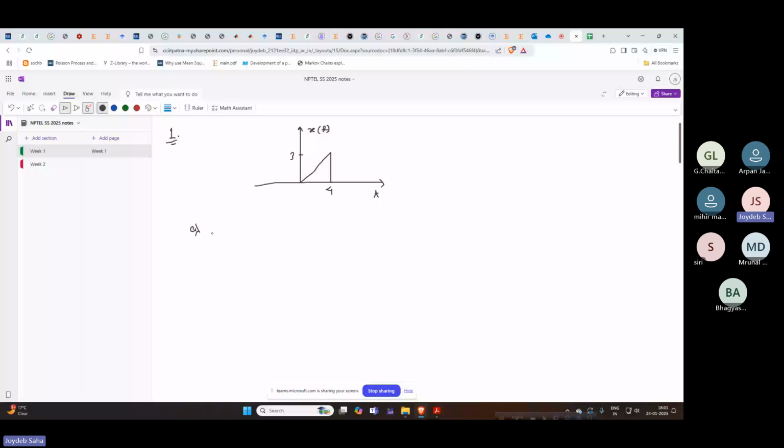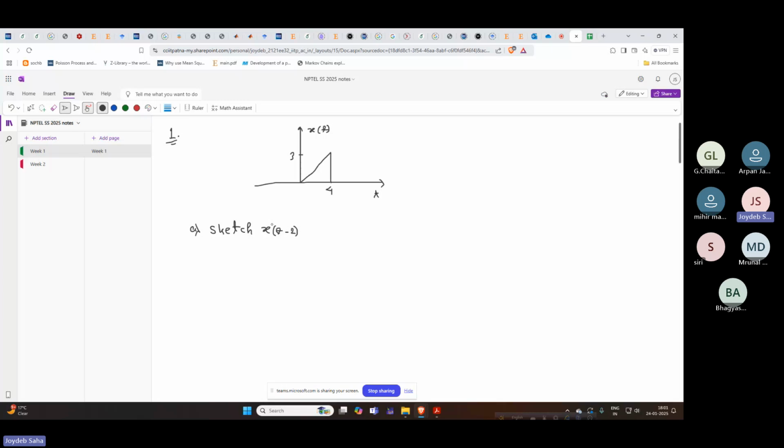Sketch x of t minus 2. Whatever I am writing, no need to write, or if you wish, you can write it down also.